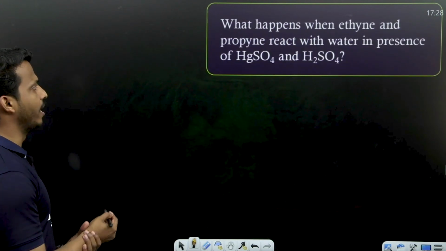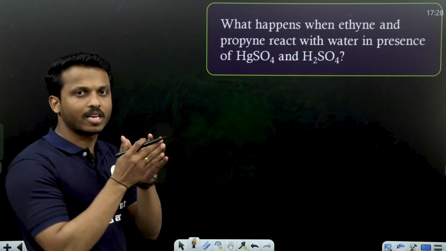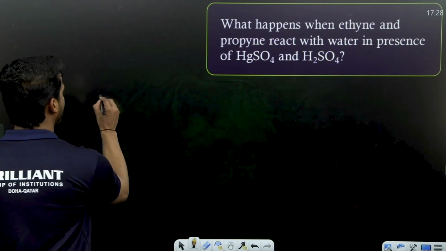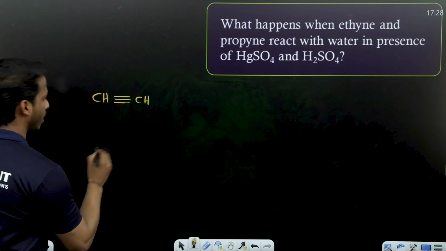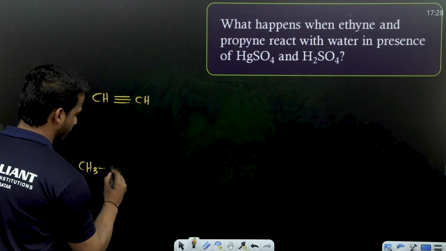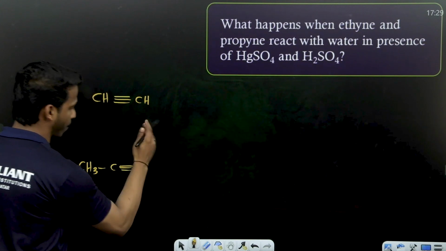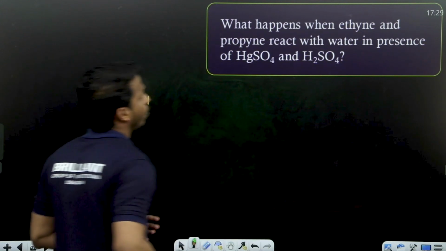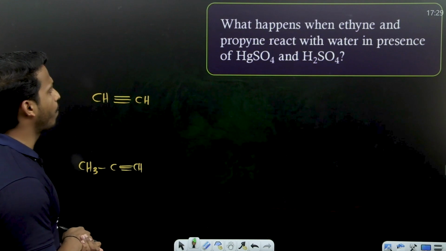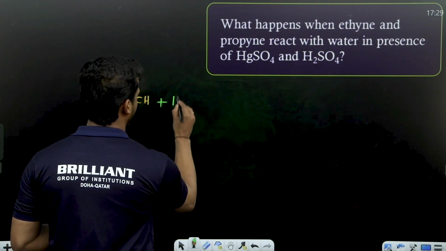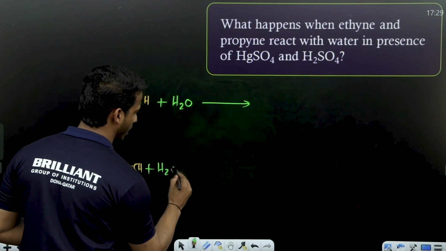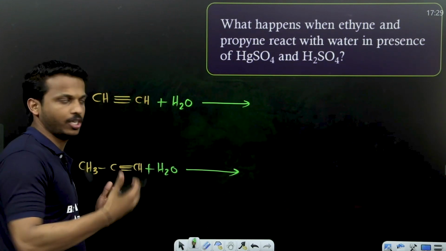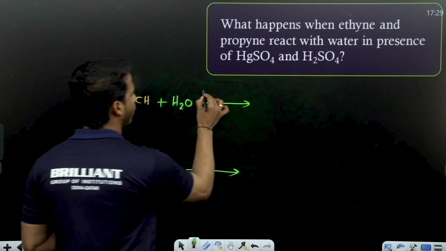What happens with ethyne and propyne? I'm asking it as a two-part question, okay? Carefully study this reaction, all. This is ethyne and the other one is propyne. What happens when ethyne and propyne react with water, H2O, with heating, in the presence of HgSO4?